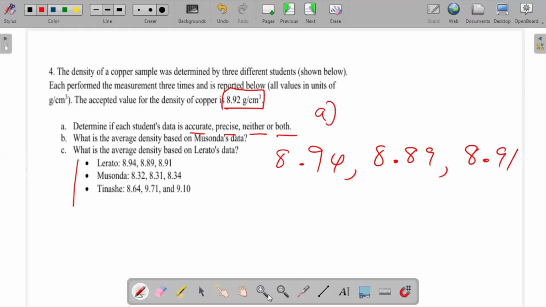Okay, so now the question is, is the laptop accurate or not? Is it precise? Is it accurate? Is it neither? Is it both? Then I want you to give it a try on the first question there, and you explain why you think it's like that.